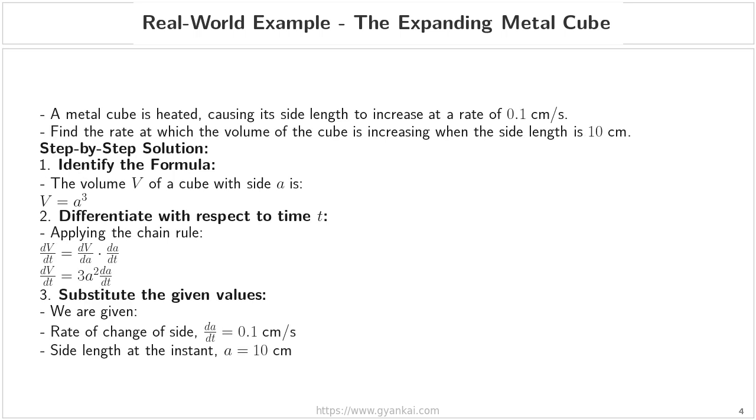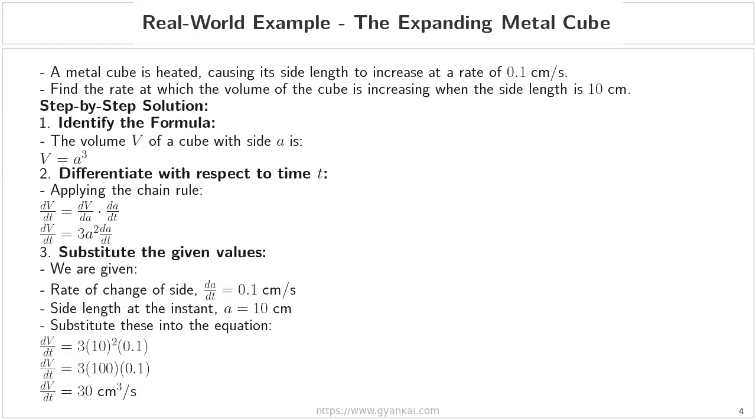Step 3 is to substitute the given instantaneous values into our equation. We are given that the rate of change of the side, da over dt, is 0.1 centimeters per second, and the side length, at this instant, is 10 centimeters. Substituting these values, we get dV over dt equals 3 times 10 squared times 0.1.